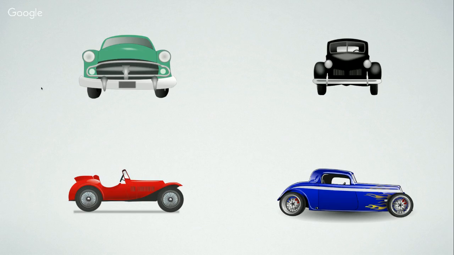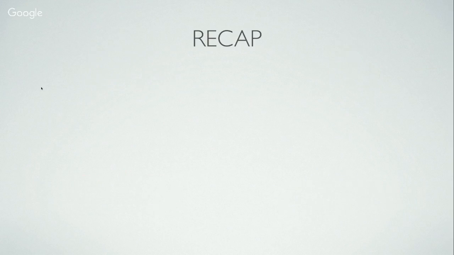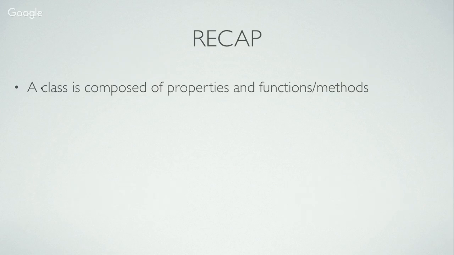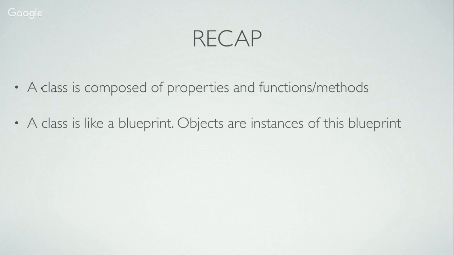Different properties like color green, color red, color black, or color blue, and they do have different amounts of horsepower, of course. So let's recap that for now. A class is composed of properties and functions or methods. And the class is like a blueprint, which means that our objects are instances of this blueprint.